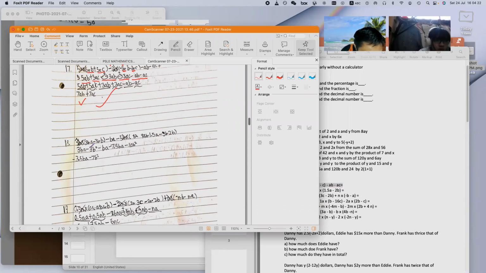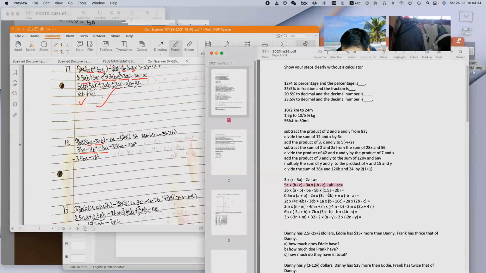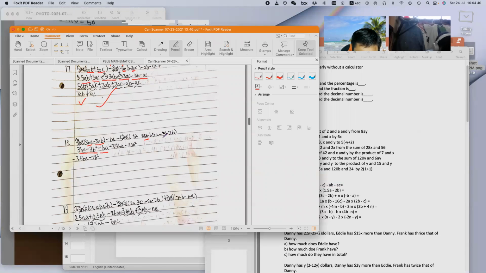This one 3b inside. Good. This one is 3a. Let me double check that question. So the 5b you go inside. Yes. The 5b go inside. So this is minus. Good.